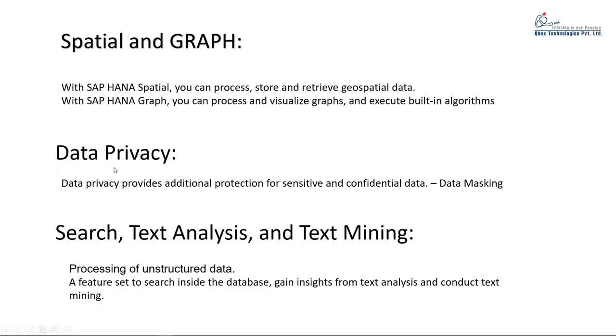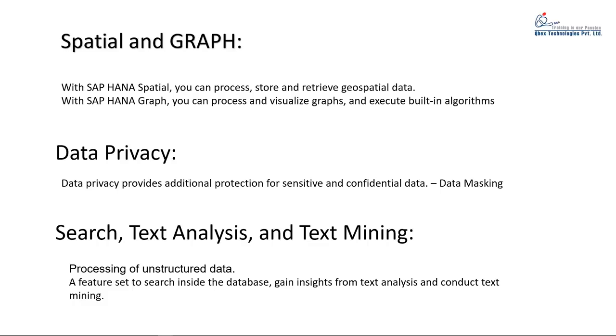Then data privacy. We already saw, as part of database services, HANA gives you the flexibility of security, where we can have authentication and user access control. But apart from that, there is also a concept called data privacy, where we can do data masking. There might be some information which is very sensitive and confidential, and you can mask it.